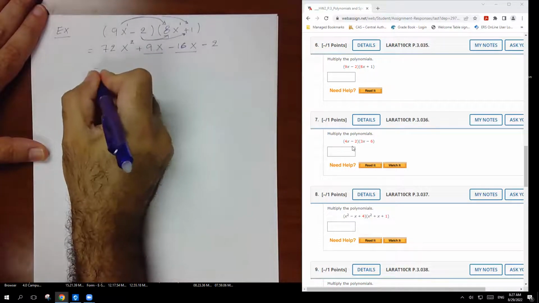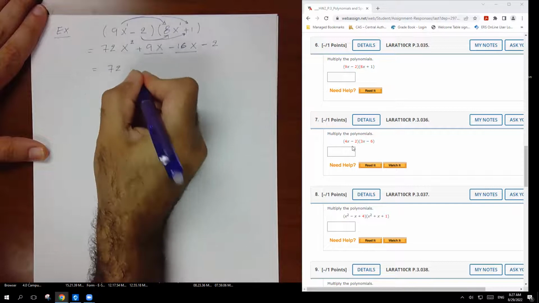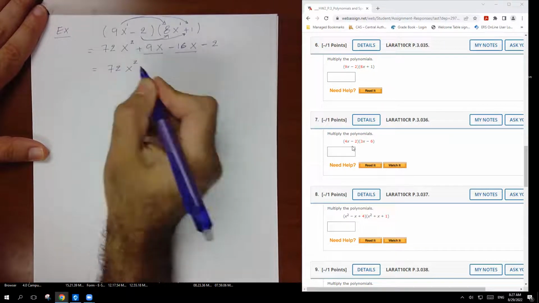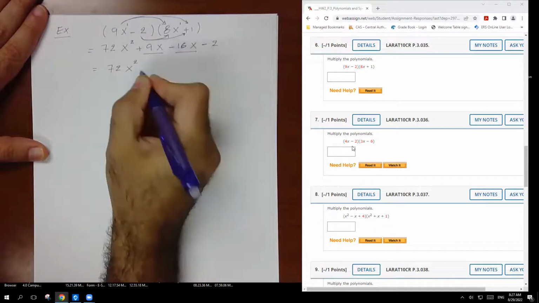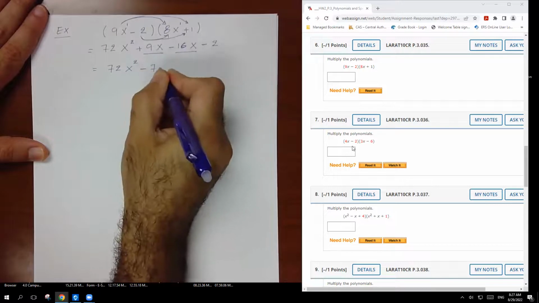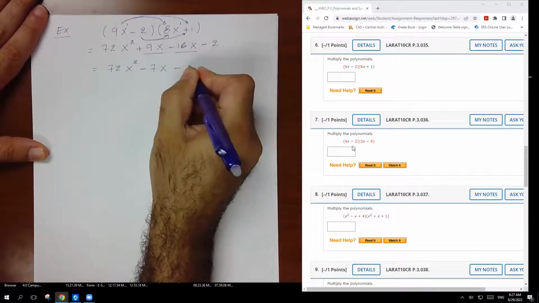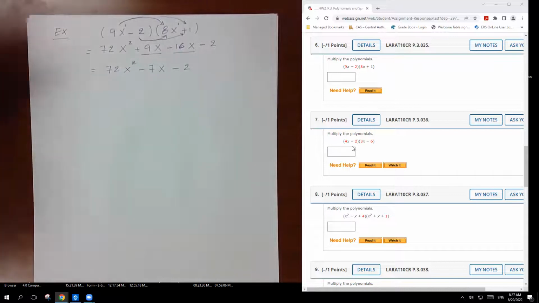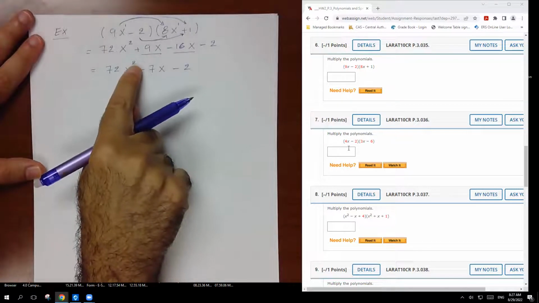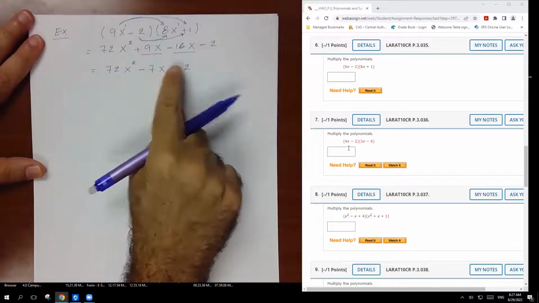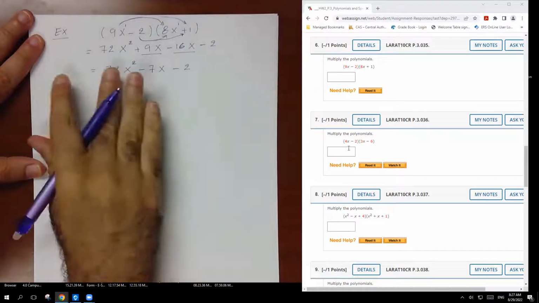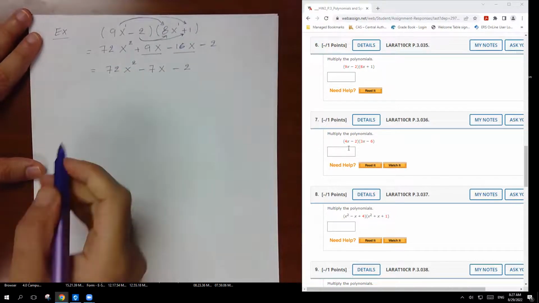So the final result is going to be 72x squared, 9 minus 16 is going to be minus 7x, minus 2. That's it. And if you check, it's already written in the standard form because the exponent here is 2, the exponent here is 1, the exponent here is 0. So this is the standard form for this example.